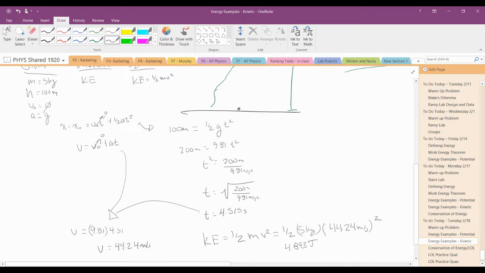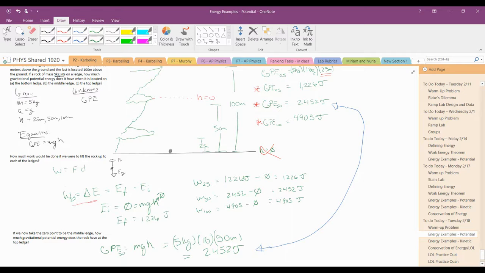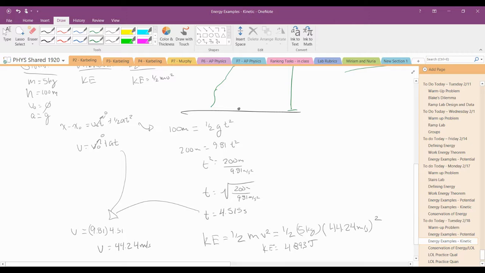Okay. So this is somewhat similar to what we calculated over here, this 4905 joules. It's a little off because of rounding and everything, but these should be the exact same.